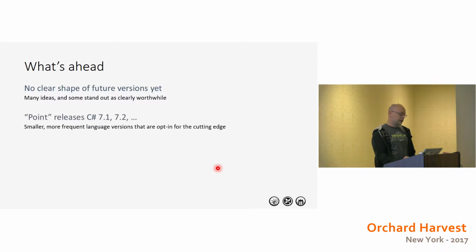Another thing that is kind of a change with previous versions is that there will be point versions, so smaller, more incremental versions of C#. And this is made possible because the compiler now is Roslyn based, which means that it's very easy to ship new versions of C#. And people can adopt them or not in their projects.